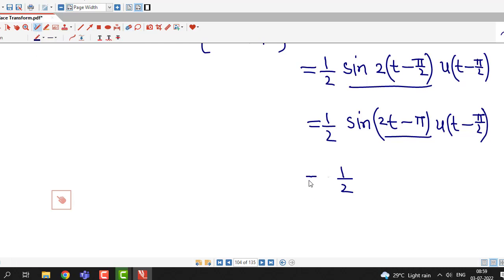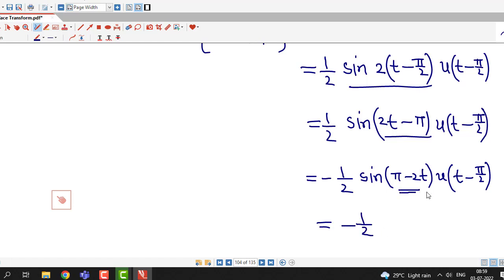So this is equal to minus sine of pi minus 2t times u of t minus pi by 2, and this we can again rewrite: pi minus 2t means second quadrant. In the second quadrant sine is positive, therefore this is going to be sine 2t and u of t minus pi by 2 in the product.